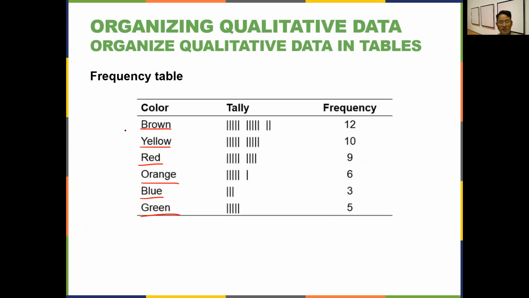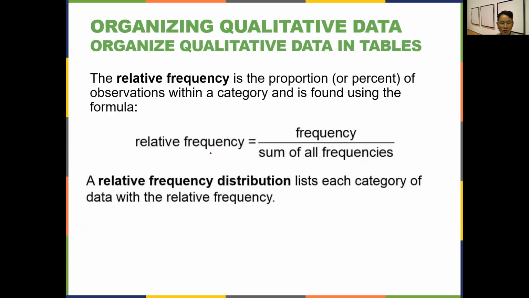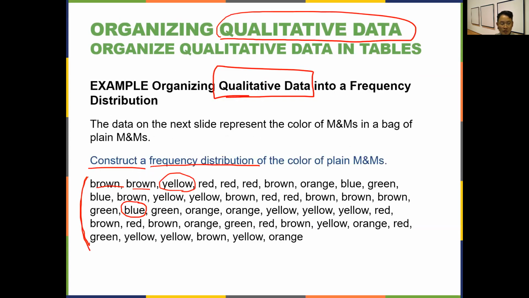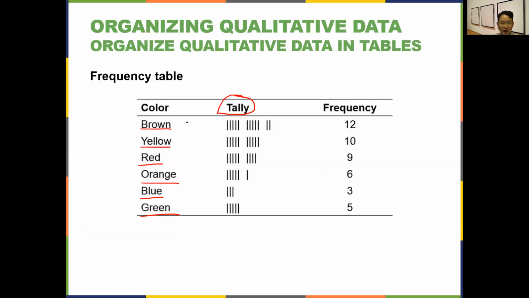Now this order is kind of random, right? You don't really have any particular order. You just have random colors that you noticed, and you start to tally them. Tally means counting, right? So you go one by one. The first one was brown, so you cross it out and you make one bar like that.